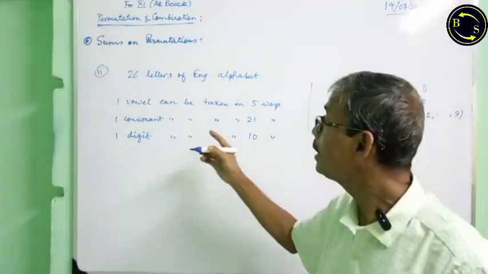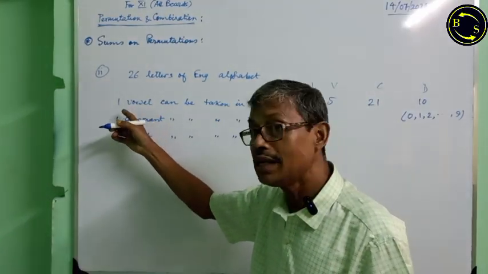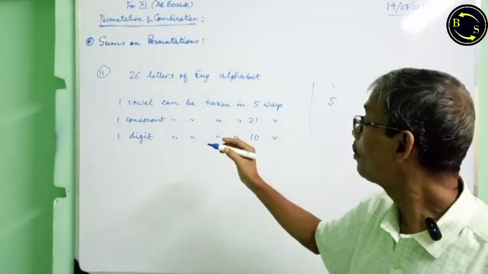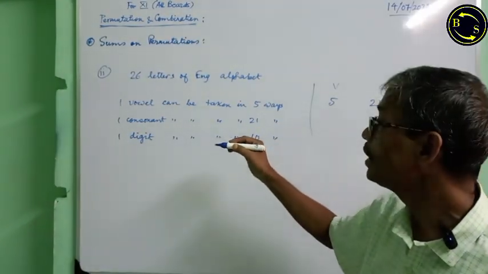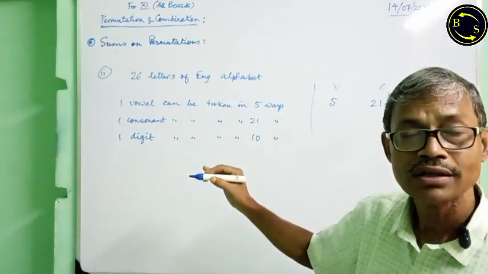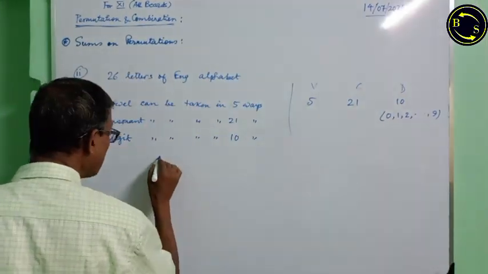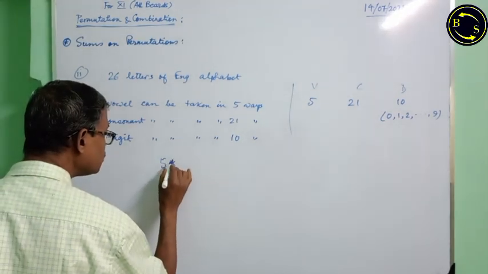Therefore, taking any of the 5 vowels, total number of ways of taking one vowel and one consonant will be 5 into 21 ways.